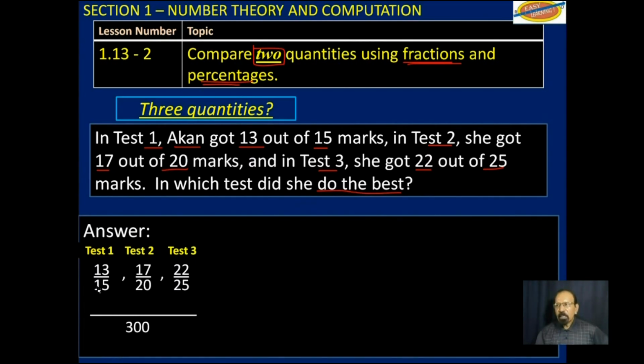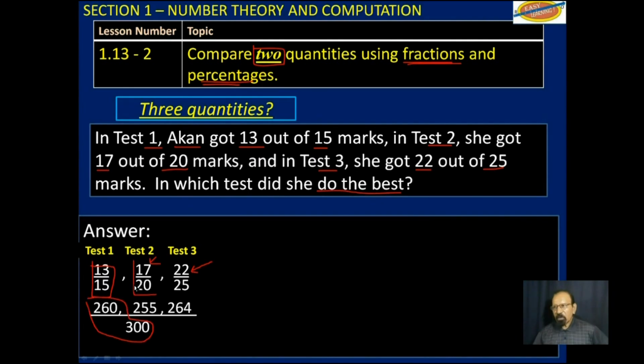We will divide the 300 by 15, and the answer we get, we will multiply 13 by that, and we get 260. We divide 300 by 20, and the answer we get, we will use that to multiply the 17, and we get 255. And then we divide the 300 by 25, and the answer we get, we will use that to multiply this 22, and we get 264. So now, 13 out of 15 is the same as 260 over 300.